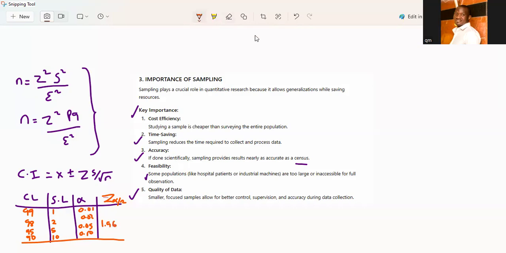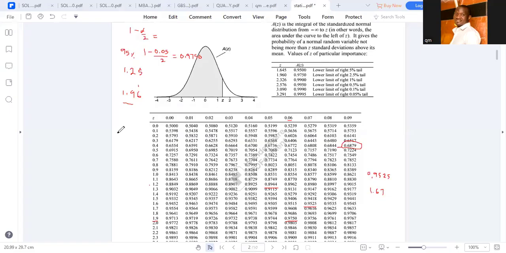So for 90%, who can guess? How do we find the Z for 90%? 90% is 10% or 0.10. So you do 1 minus 0.10 over 2. What do we get? 0.95, correct. In the morning, we looked at the reading for 0.95 from inside the table: it is equidistant between two values.